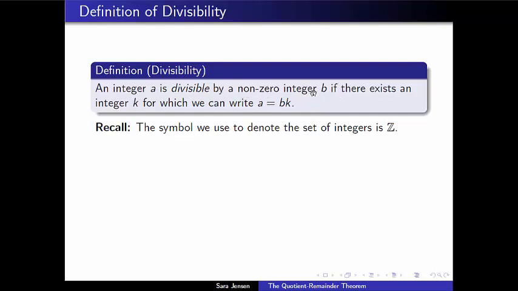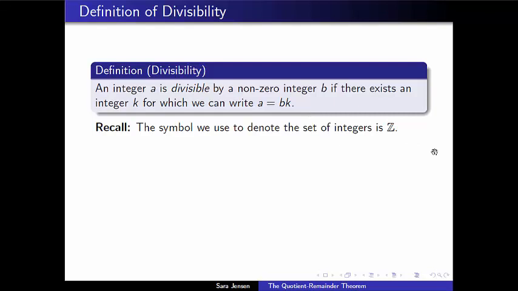Don't want to divide by 0. If there exists a third integer, when I teach it in discrete structures, I would call that integer k. Here we could call it q if we really wanted to stress its relationship with the quotient-remainder theorem, for which we can write a is equal to b times k. In other words, if we had that plus r there, the r would be equal to 0. There wouldn't be anything left over.